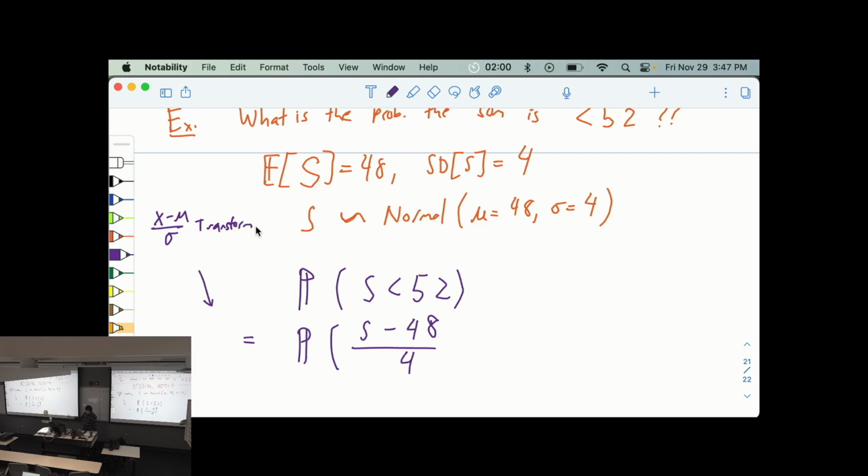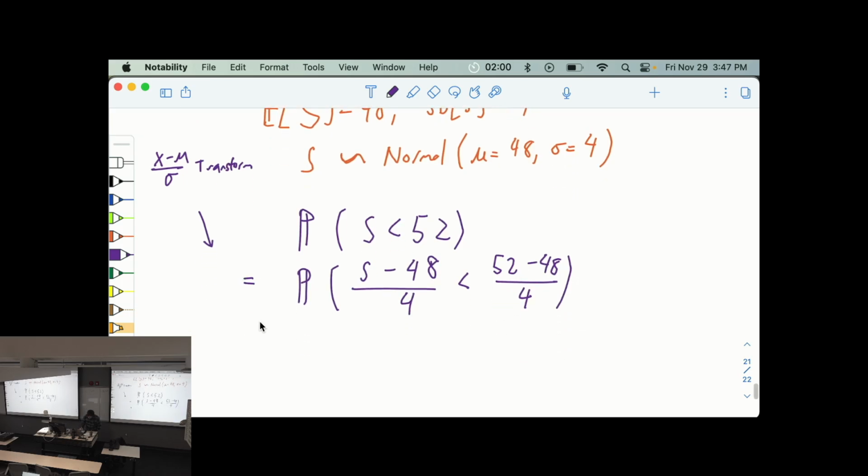And I did that on the left-hand side. On the right-hand side, I got 52 minus 48 also divided by 4. Right? So far I've done nothing. I've done the same operation to the left and the right-hand side. This thing equals this thing. They're exactly the same.